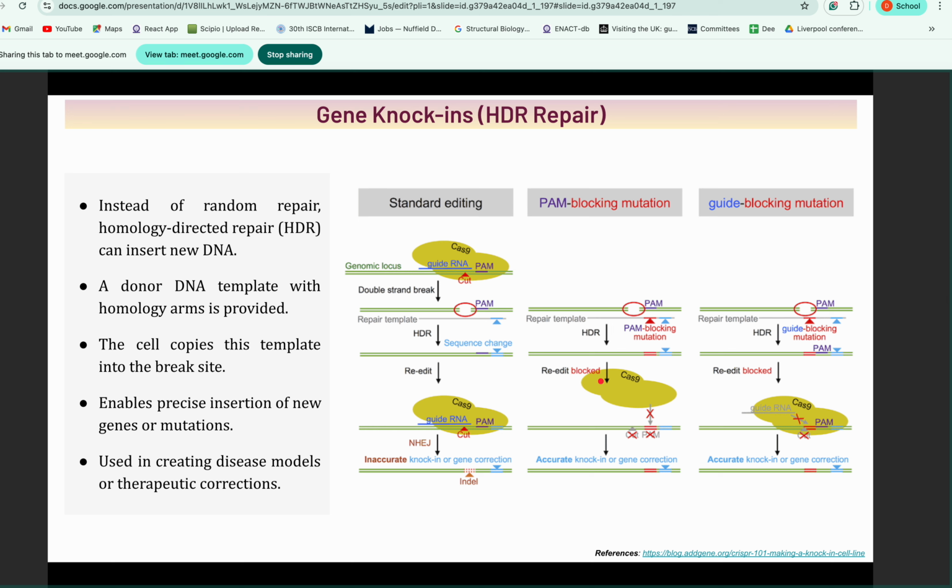We cannot re-edit it, because for re-editing we need the guide RNA and Cas9 system. But for Cas9 or the guide RNA to make the cut, it requires the PAM sequence. That is the main criterion with which it identifies that we can cut a few base pairs downstream of PAM. But as here we have made a mutation in which the PAM is replaced, Cas9 cannot recognize this PAM motif, so it cannot cleave it.